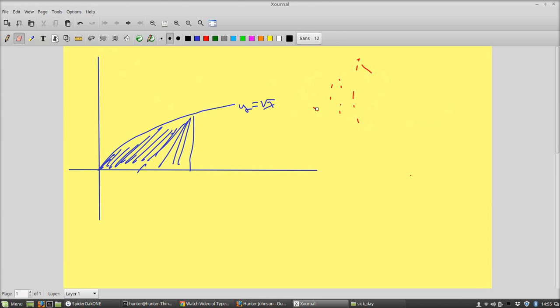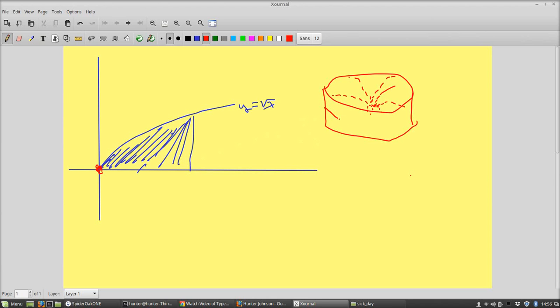It's going to look kind of like a bundt cake. It's going to be like this kind of shape, but it's going to be kind of hollow in the middle. So it's going to be hollow. It doesn't exactly have a hole all the way through because of this point, but it almost has a hole all the way through.